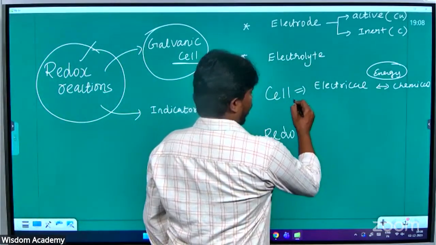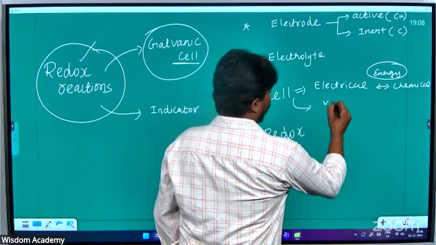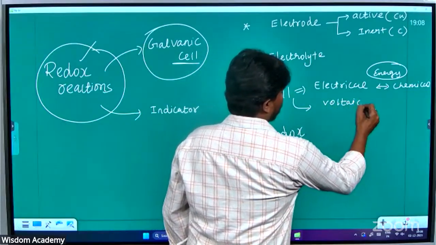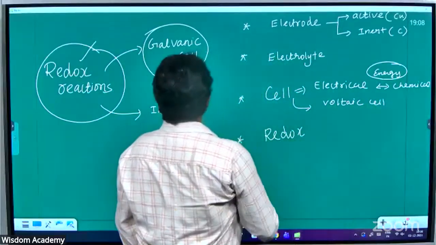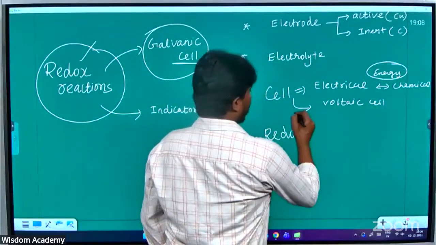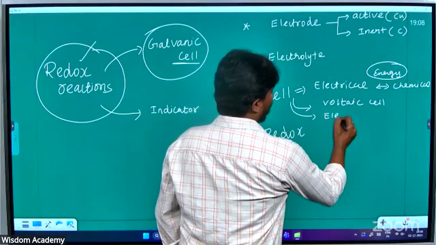We have two types of cell. One is voltaic cell or galvanic cell, and another one is electrolytic cell.